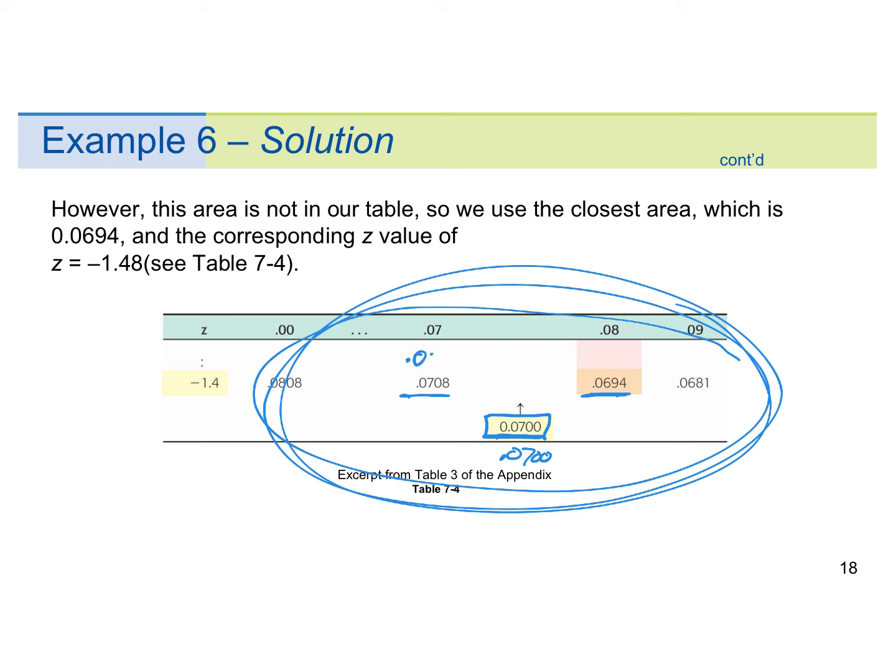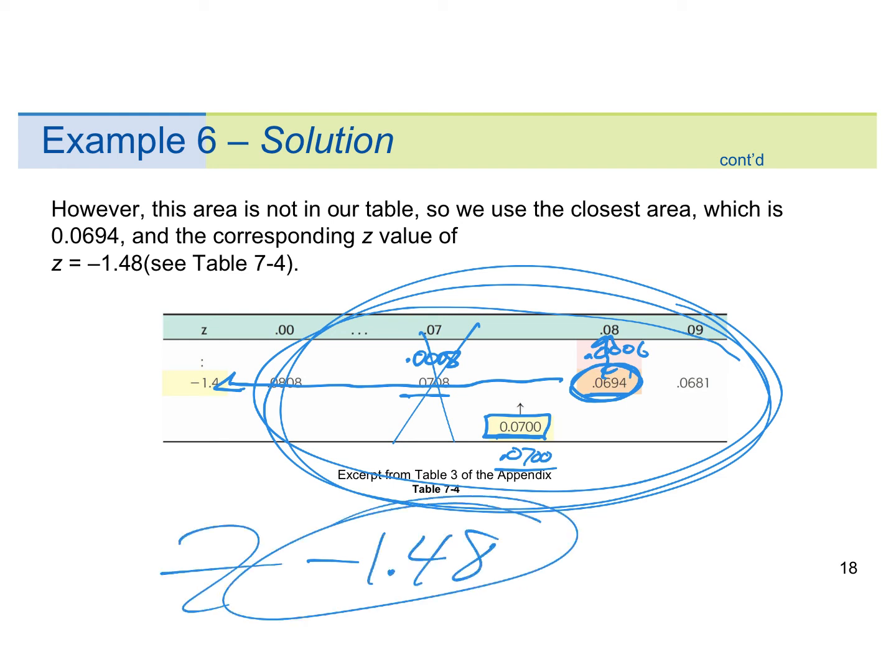This one is 0.0008 away from the 0.07, and this guy is 0.0006. I don't care if it's above or below. I want the one that is the closest. This is not closer. This one is closest. Then you go this way and get that number, and you go this way and get that number, and you see it's a negative 1.48. That is a z-score that relates to 7%.